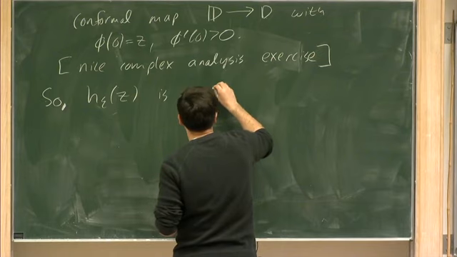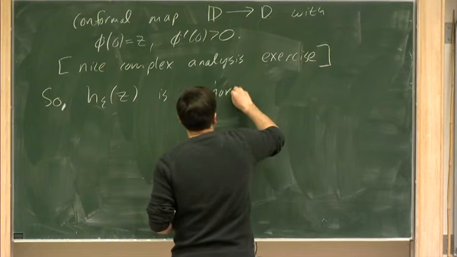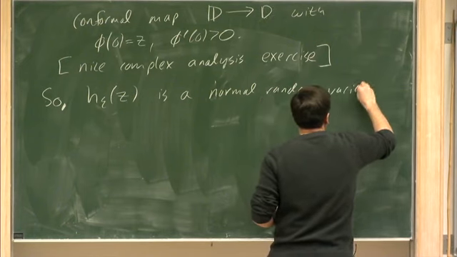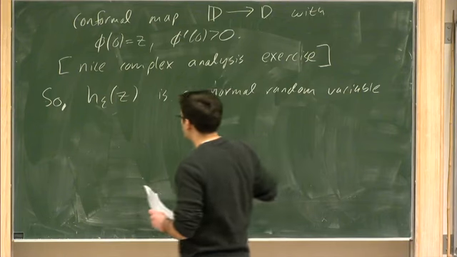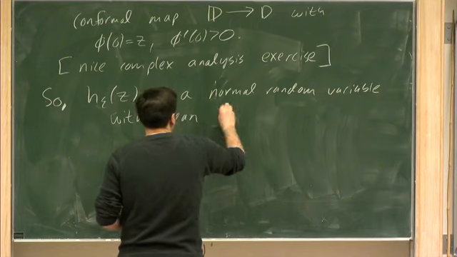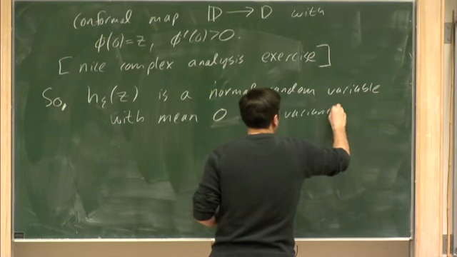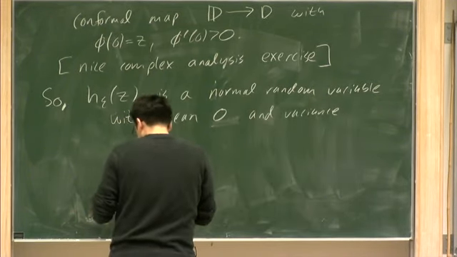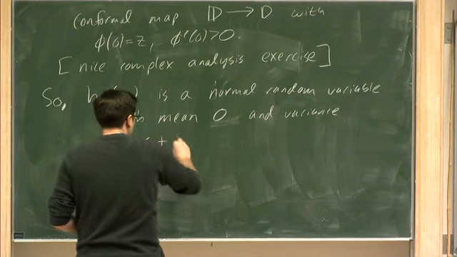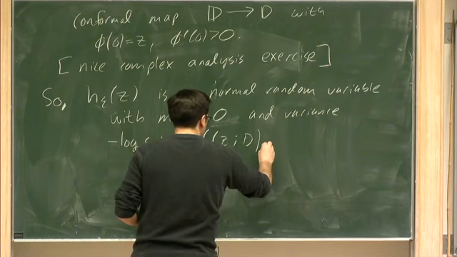So this is a Gaussian random variable with mean 0 and variance given by minus log epsilon plus the log of the conformal radius of z in D. Okay?